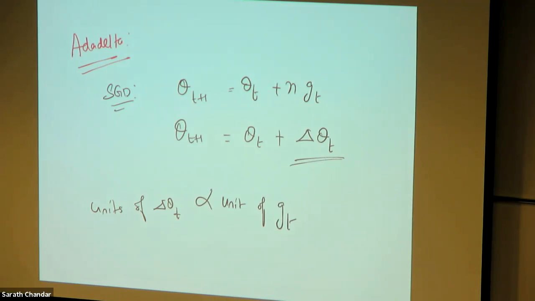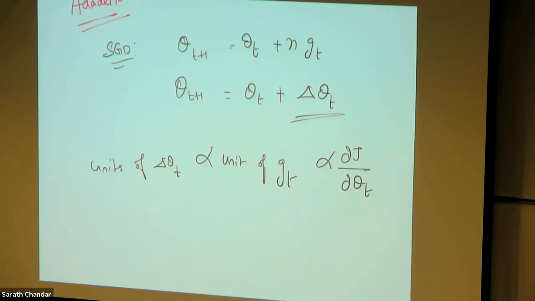Now what is g t? It is actually proportional to dou J by dou theta t. Now if we assume that the cost function is unitless, then this is basically 1 over the unit of theta t.